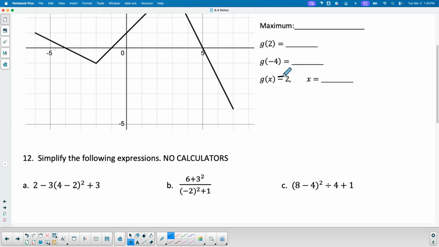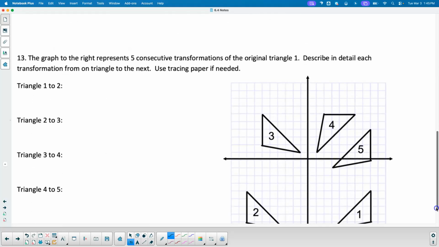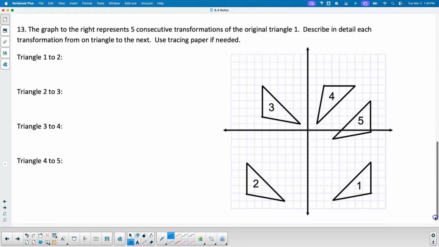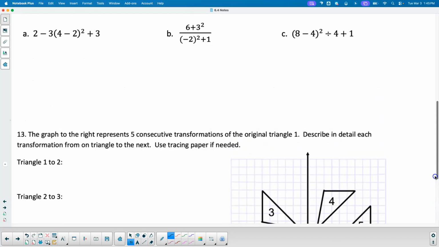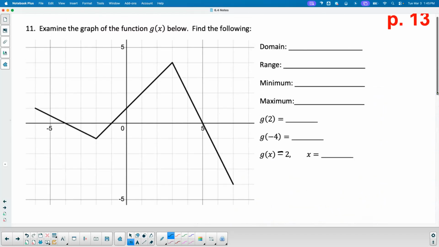And then in number 12, you're just doing order of operations. Please excuse my dear Aunt Sally. And then doing kind of like what we were doing in the frogs: 1 to 2, 2 to 3, 3 to 4, 4 to 5. Okay? Good stuff.